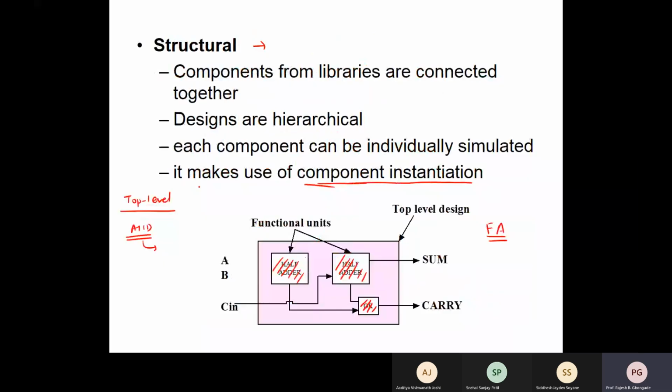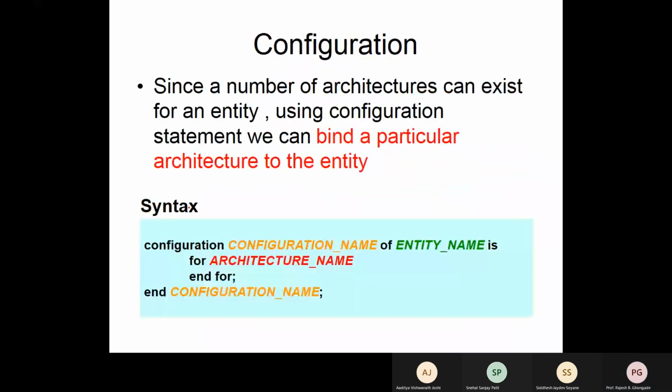The fourth type can be a mixed mode of data flow and structure, or any other combination. Then the last part is the configurations. We have seen that there are many architectures available. Which architecture exactly to use with the entity, you are supposed to tell the compiler and the elaboration phase.